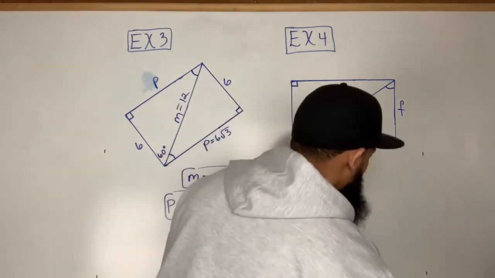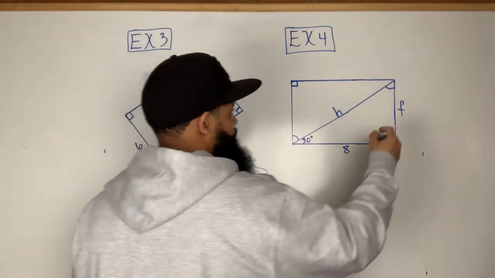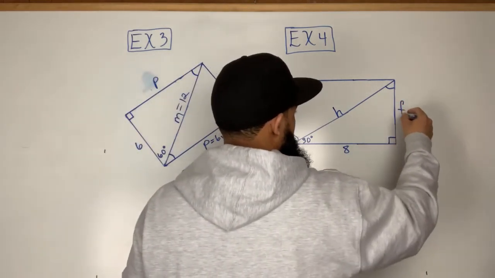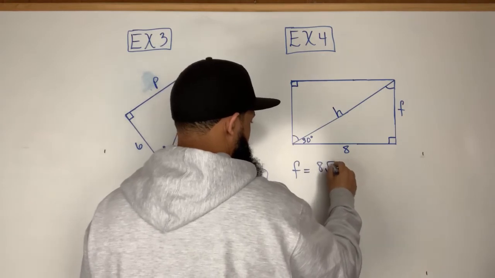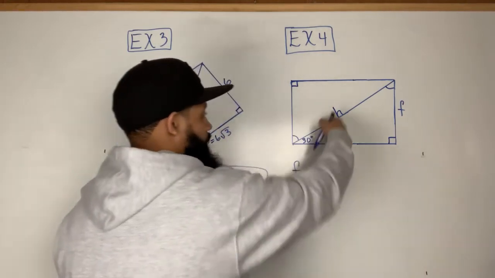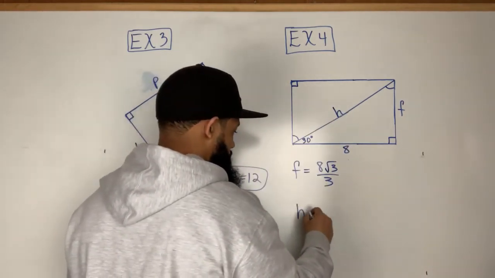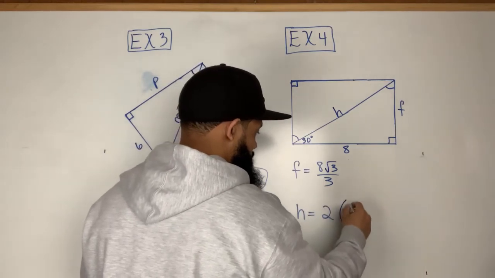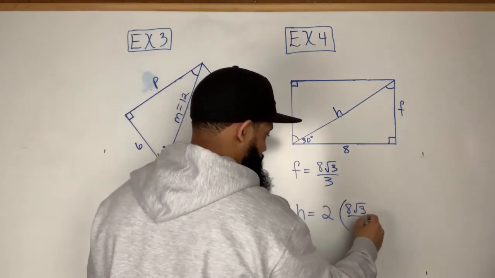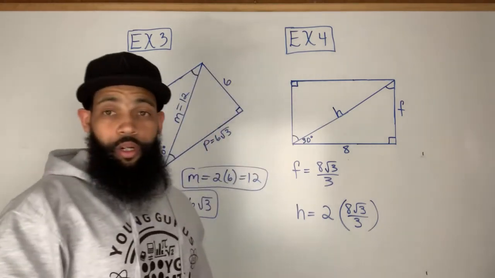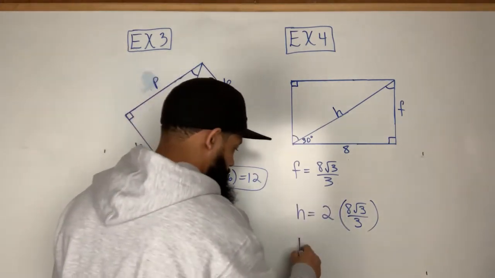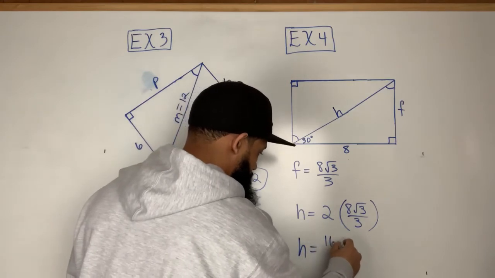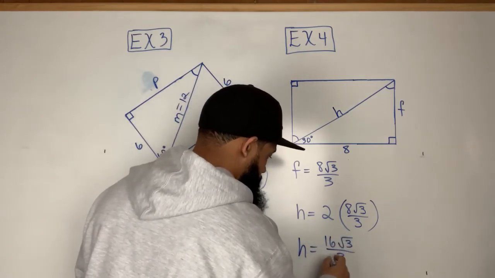All right, so if F equals 8 times the square root of 3 over 3, then now I want to say H equals 2 times 8 square root of 3 over 3. All I have to do is take the 2 times the 8. So H is equal to 16 square root of 3 over 3.